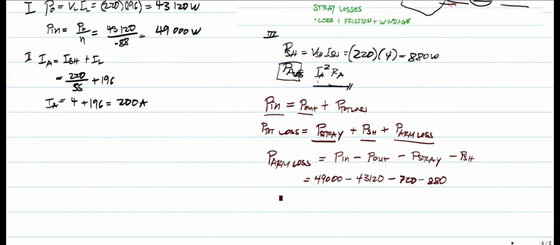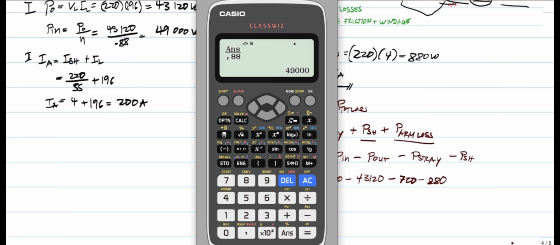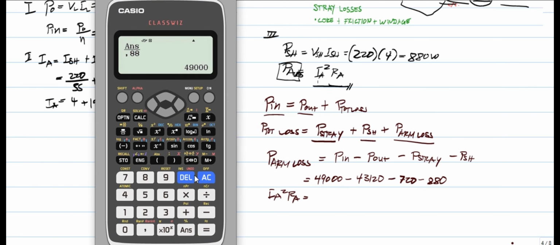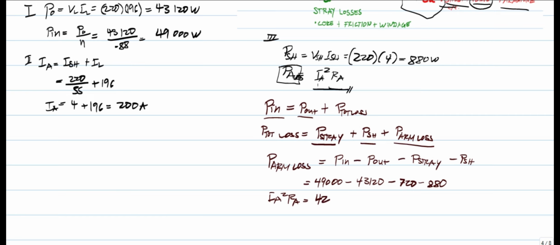Therefore, armature loss, or Ia squared Ra, is equal to 49,000 minus 43,120 minus 720 minus 880, which is 4,280 watts.